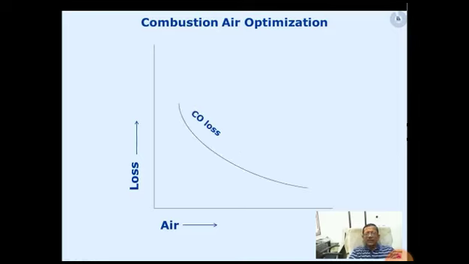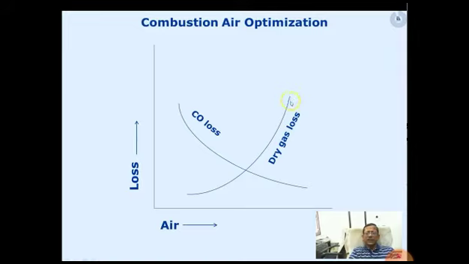The dry gas loss on the other hand will be minimum when the air is minimum, and it is going to increase when the air is increased. So the dry gas loss curve will be something like this. If I want to have zero CO, let us say here, the resultant dry gas loss is going to be very high.